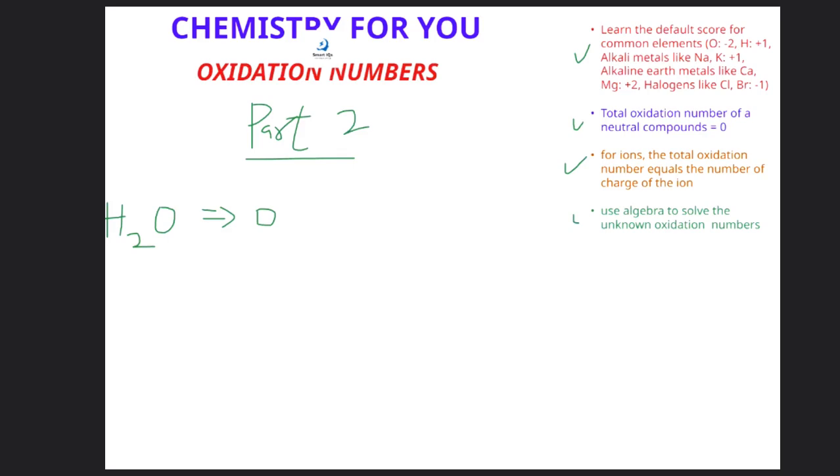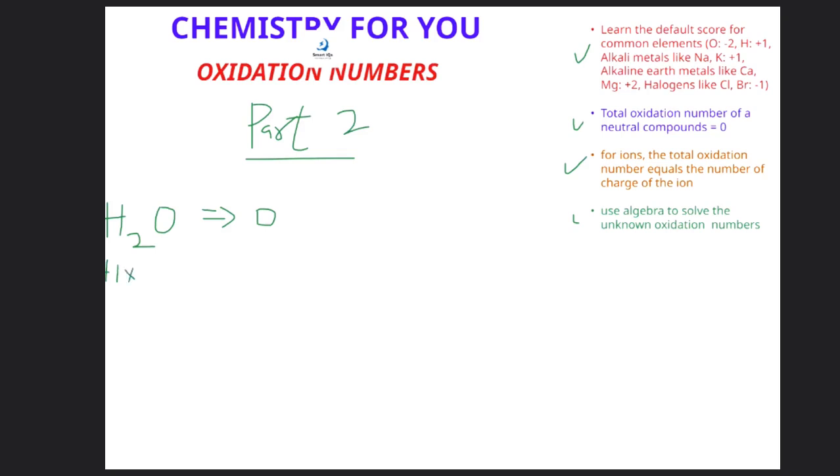Here we are. The first question we have to solve: we want to verify that the oxidation number of a neutral compound is 0. We already know that oxygen is -2. That's why we say learn the default. Then hydrogen is +1, but we have 2 atoms of hydrogen, each atom being +1. So what do we do? Represent the first one by +1, and since we have 2 atoms, multiply by 2.